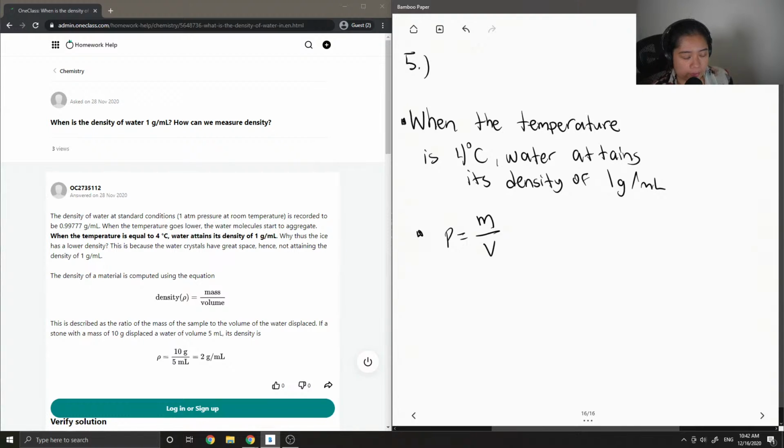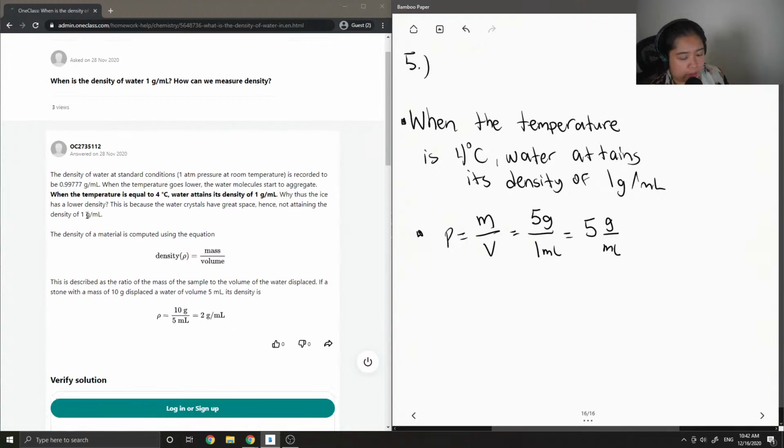For example, if you had a brick and it weighs a certain amount of grams, let's say a brick weighing 5 grams and it displaced 1 milliliter of water somehow, then its density would be 5 grams per milliliter.